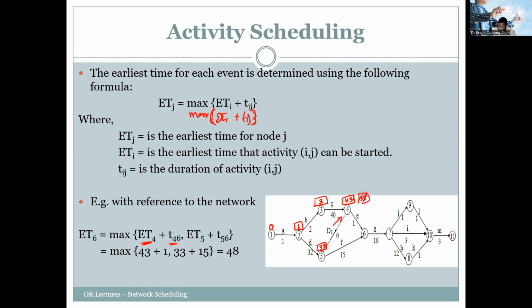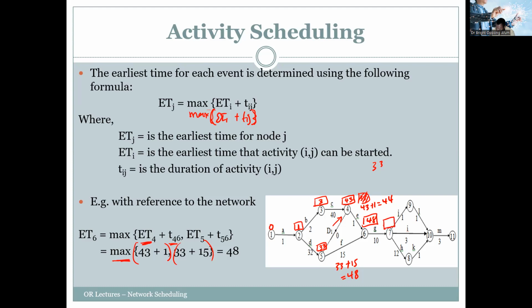But we pick the max, so 43 is still correct. Here we have 33 plus 15, which will be 48. Then we have 43 plus 1, which will be 44. The earliest time is the max of either this or that, so it's 48. So 48 comes here.